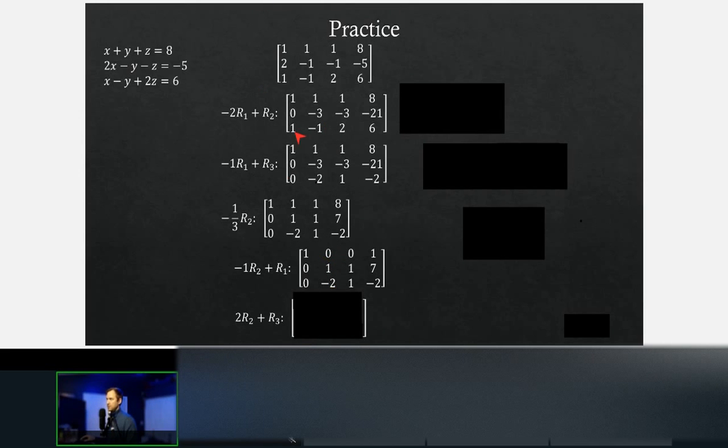Just how over here we made this a 1, well it was already a 1, but we used row 1 twice to make the rows below it a 0. So we use row 1 here, we use row 1 here, make these a 0. And then once we made that a 1, we use row 2 times to make the elements above and below it a 0. So what did all of you get for the elements in row number 3?